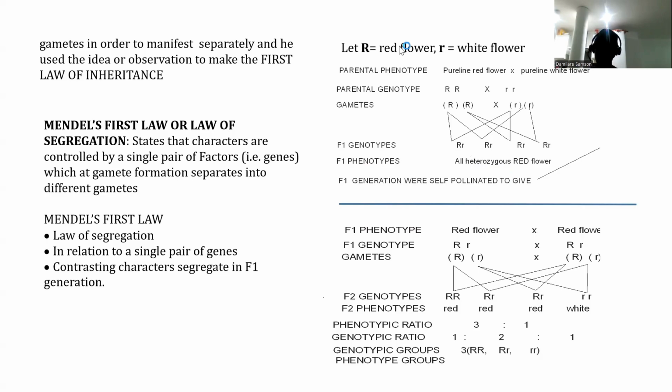Now, what did he do? He picked the offspring, the flower. The flower developed to form a fruit, and from there a seed. He picked the seeds. Are you getting me? He picked the seeds and made 2 of the seeds. He picked from this one, he picked from that one. So that is what we are seeing now. So he made it for the F2 generation.